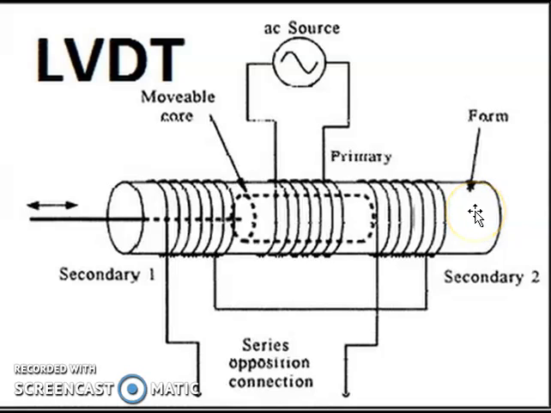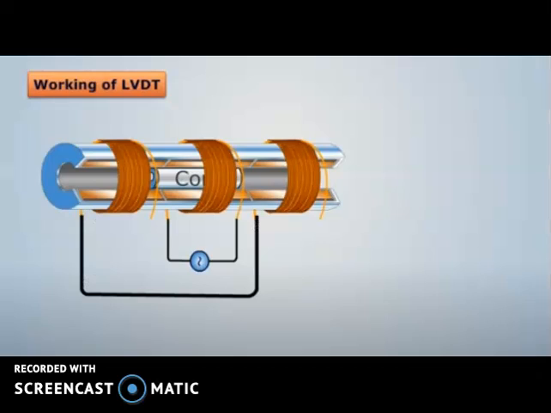Inside the hollow cylinder we have a movable ferromagnetic core. This core can be moved left or right inside this cylinder, and the secondary windings, secondary winding 1 and secondary winding 2, of equal number of turns, are connected in series like this.